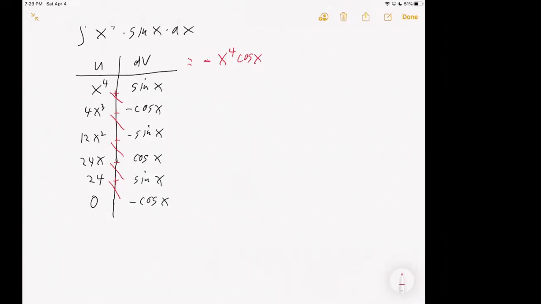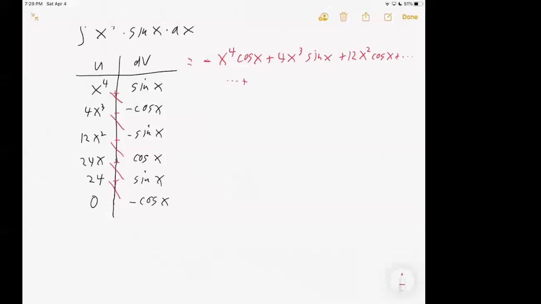Then it's a double negative, so plus 4x cubed sine of x. And then the next one is a plus sign, and they're all positive, so plus 12 x squared cosine of x plus dot, dot, dot. Bring that down here.